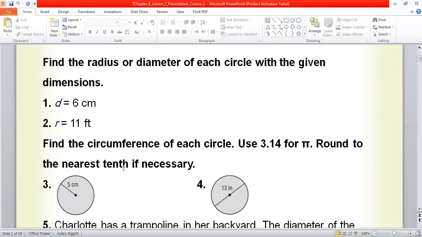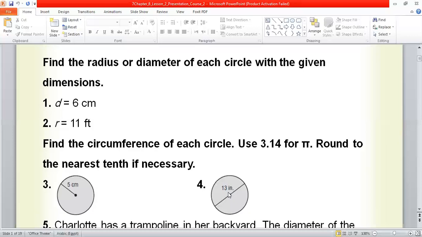So we will make 2 times 3.14, times the radius.